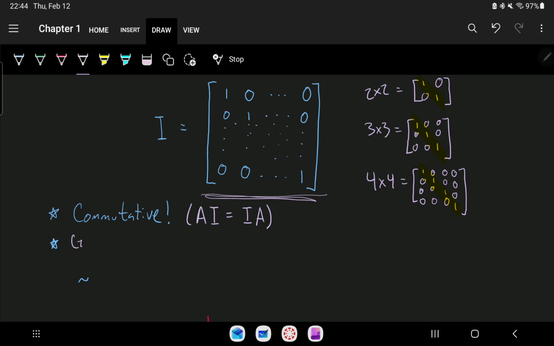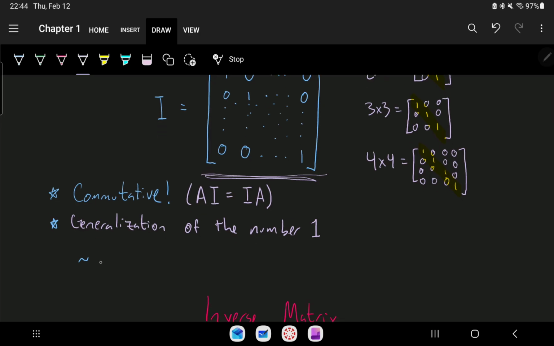I mean, this is a generalization of the number 1, because just like in multiplication, some number C times 1 is always going to be that number, right?